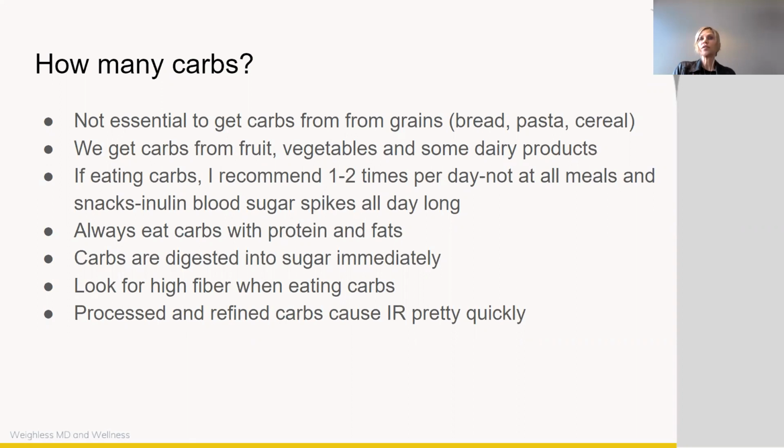Processed and refined carbohydrates can cause insulin resistance pretty quickly. So if you're eating a diet that is highly processed, very carbohydrate based, and you're getting your blood sugars checked and your blood sugars are fine, your fasting blood sugar's fine, just know that insulin resistance is probably already happening.